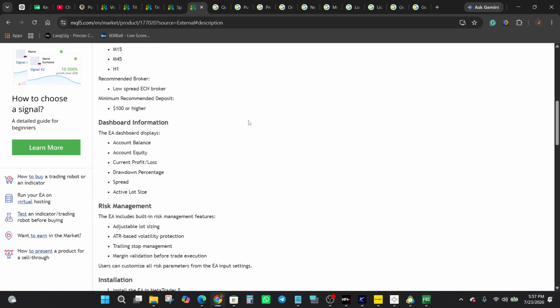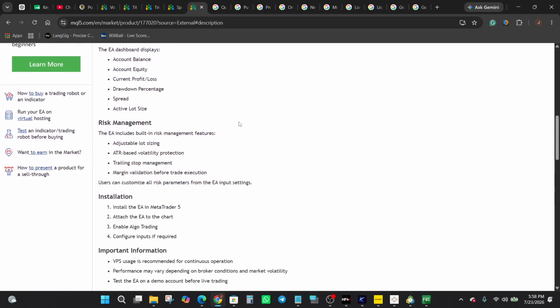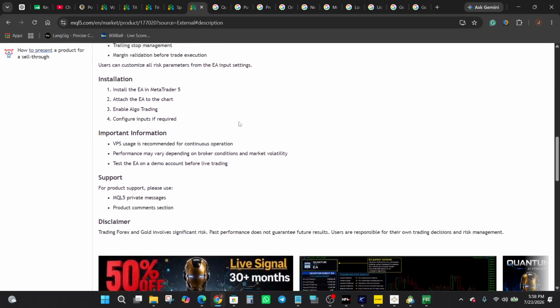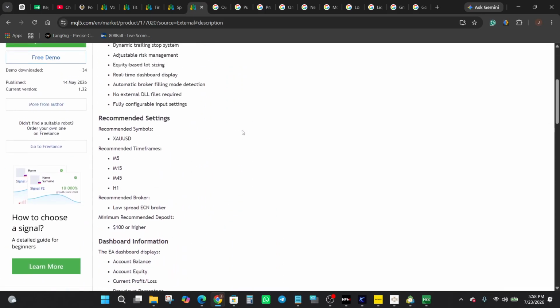Now, as for the recommended settings, Quantum Robot is primarily intended for XAU-USD, although the developer also mentions compatibility with selected Forex pairs, and the recommended time frames include M5, M15, M45, and H1, giving traders several options depending on how frequently they want the EA to participate in the market.